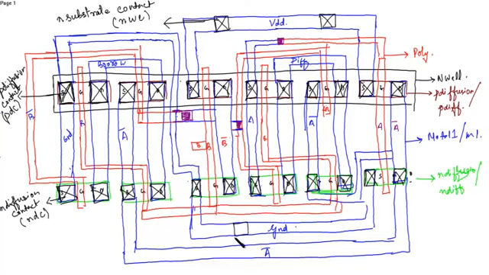Similarly, we have here in the ground you have to place the P substrate contact, or PWC contact. So this is the layout of a half subtractor that is drawn from the twisted schematic.